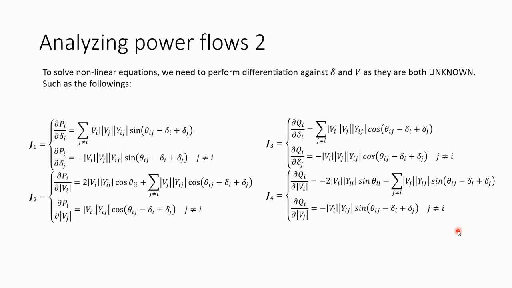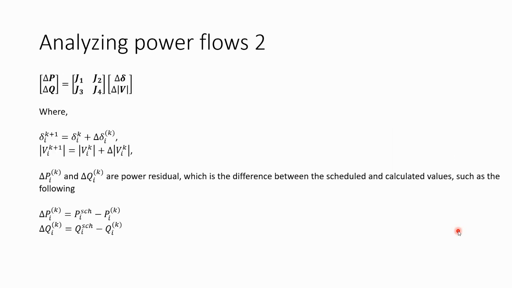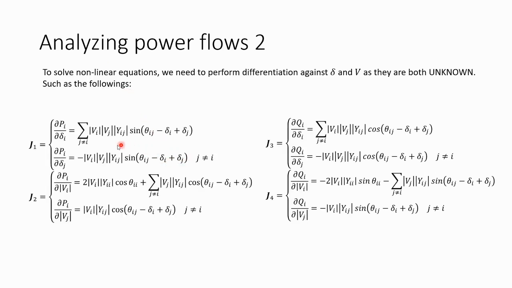Yeah. So next, based on the Newton-Raphson method, the Jacobian matrix is fixed. J1, J2, J3, J4 are arranged in a bigger matrix such as this. They are fixed. And you multiply them with the change of the delta and the V. Remember, we have delta over here, and V over here.